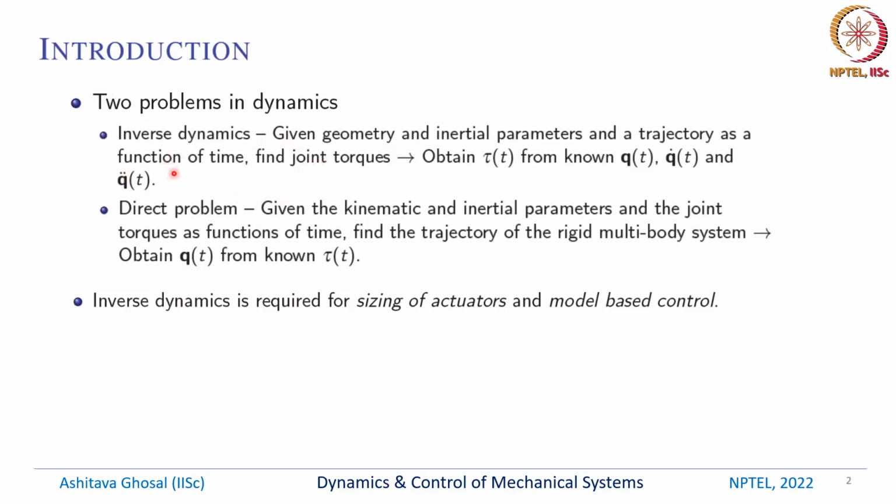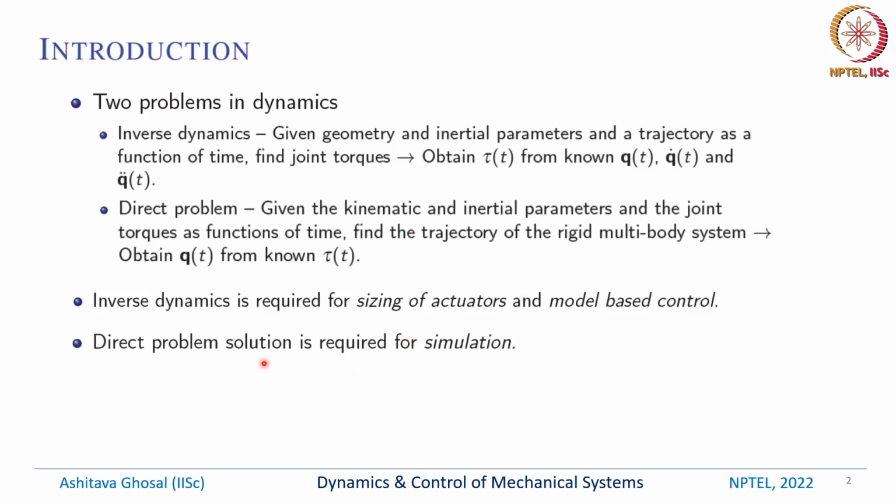So we need to solve this inverse dynamics problem to get an estimate of the torque required to achieve this q of t, q dot of t and q double dot of t. Hence the solution of the inverse dynamics can be used to estimate the size of the actuators. It is also used in model-based control.